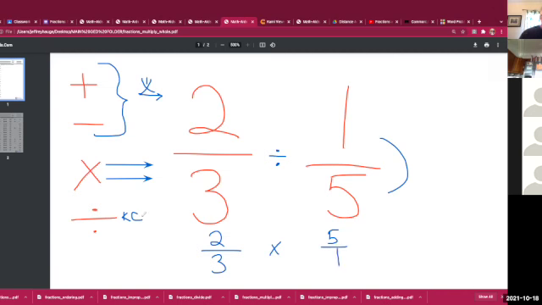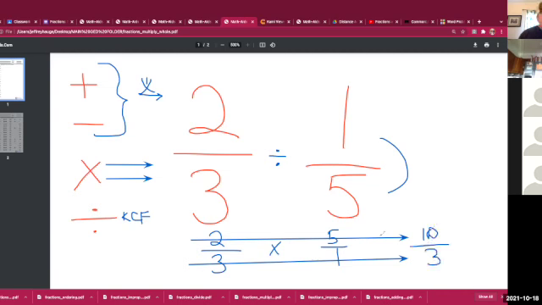It's keep, change, flip. Now we do the drag race again. So again, we may have to adjust it, but it's technically right.